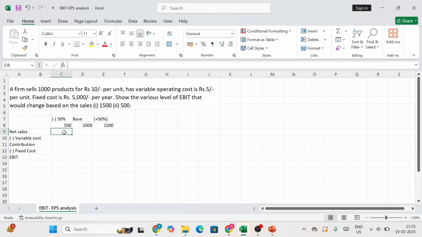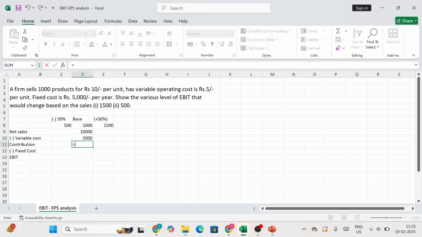So, what is the net sales? The firm is selling 1000 products for 10 rupees, so 1000 into 10, the number of units into 10, gives you 10,000. Then we subtract the variable cost, which is 5 rupees per unit. 5 into 1000 is 5000 rupees.